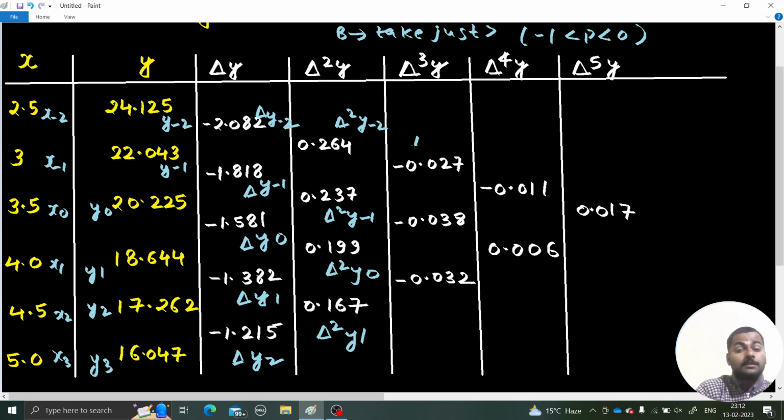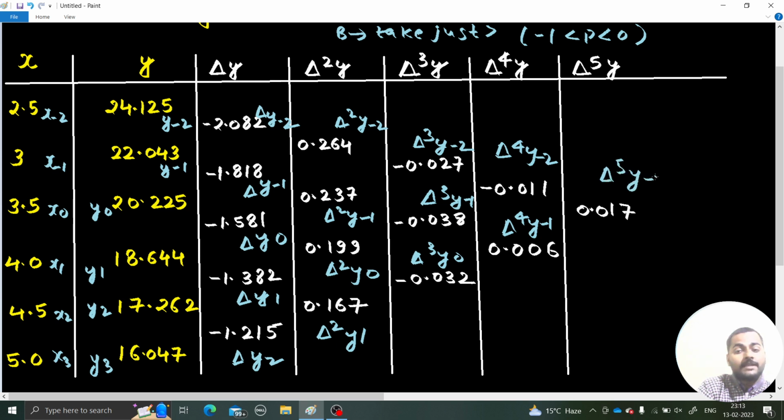Next, delta 3 y minus 2, delta 3 y minus 1 and delta 3 y0. Next, delta 4 y minus 2 and delta 4 y minus 1, and at last delta 5 y minus 2.